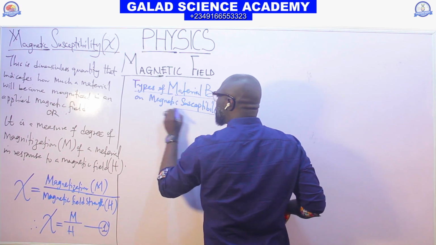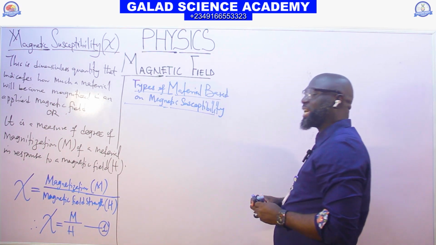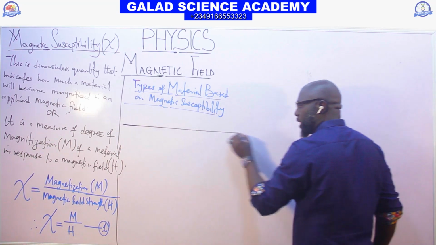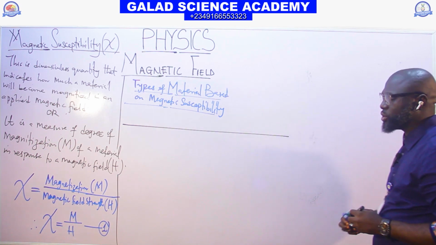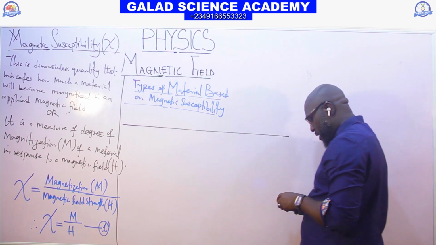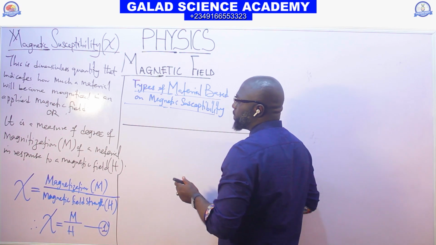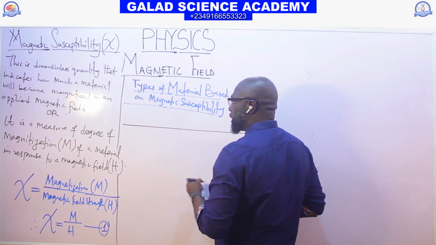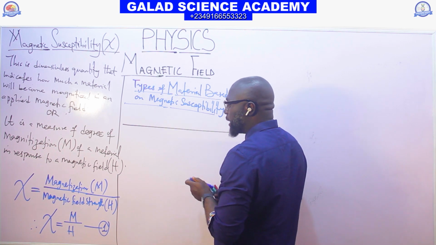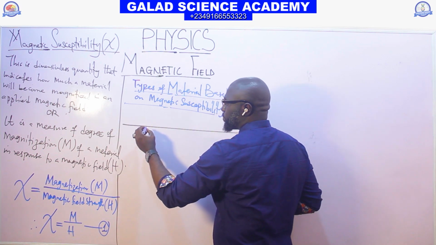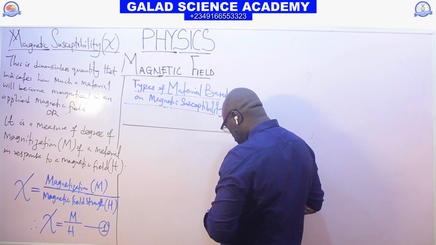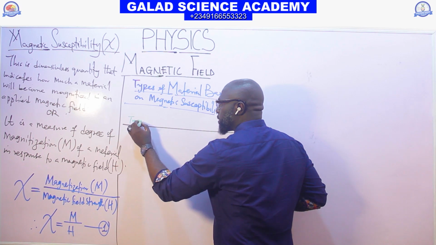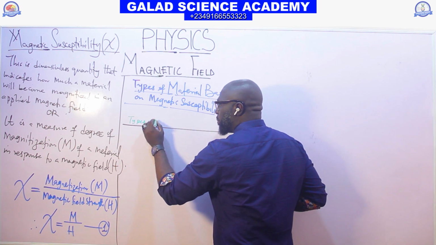This magnetic susceptibility groups all the materials we have into three parts. Let me give you in a tabular form. To group all materials into three, in tabular form. The first one is types of material.